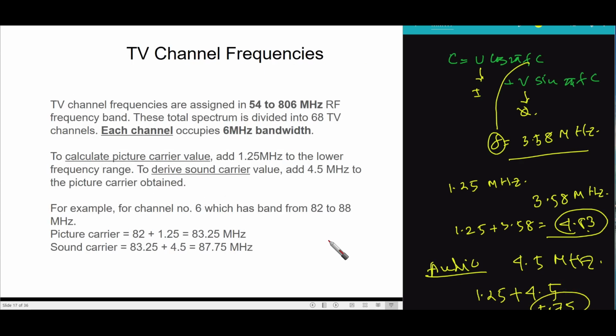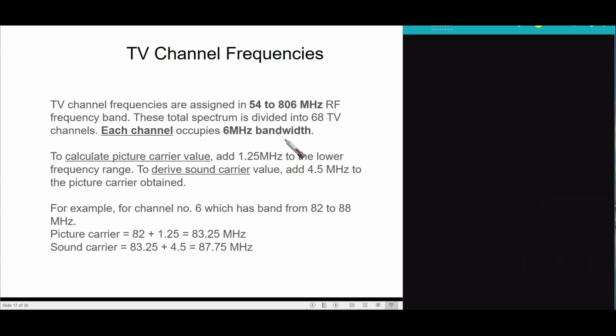Okay. Now let me tell you the simple calculations for how we calculate this. Generally, 54 to 806 megahertz, this RF frequency band we use for television channels. Each channel usually occupies 6 megahertz bandwidth.